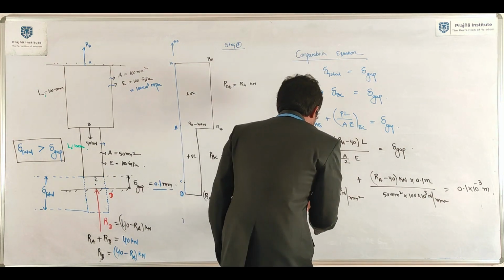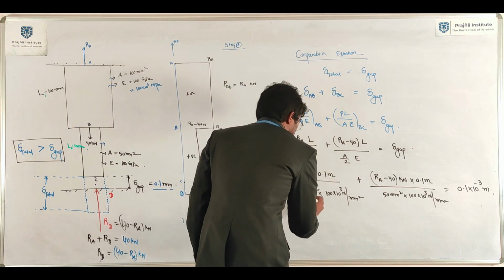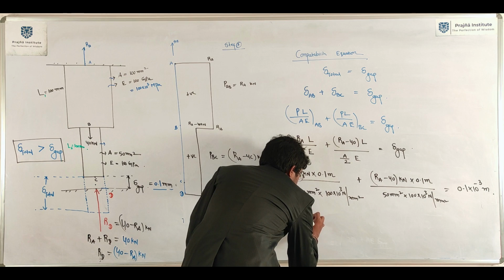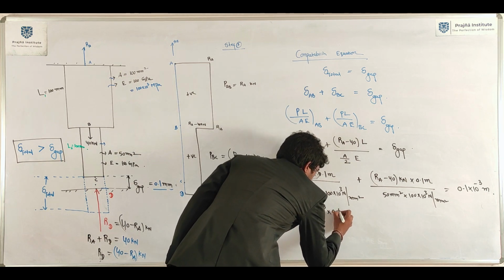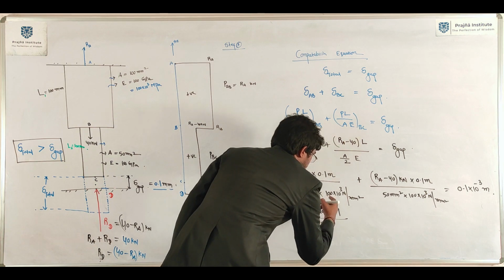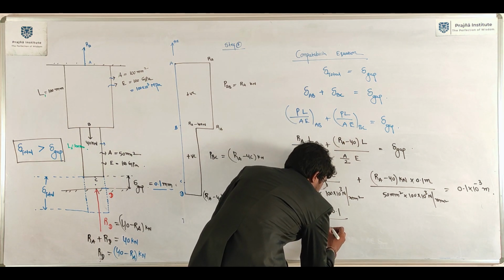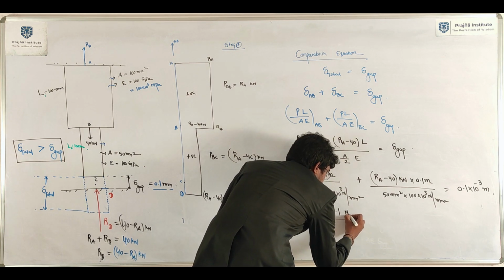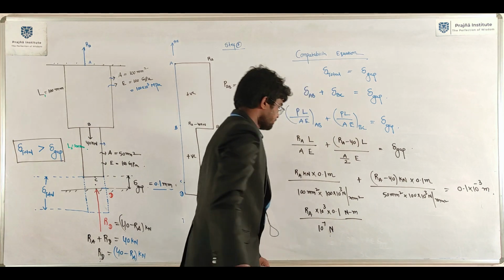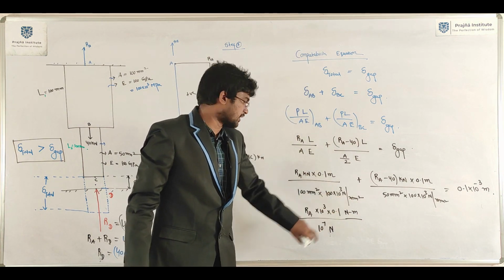Okay, so here kilonewton, it is kilonewton. Now here RA into 10 cube into 0.1 by 100 into 10 power 7. Here it is Newton meter, correct? Newton meter, mm square cancels out, finally Newton.